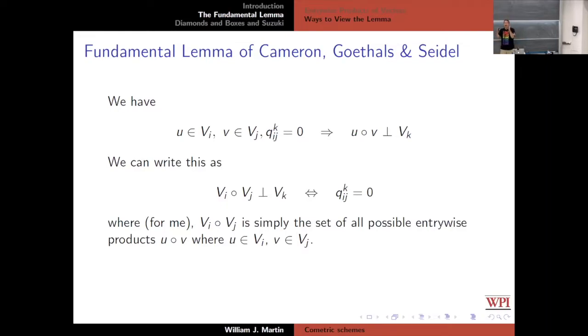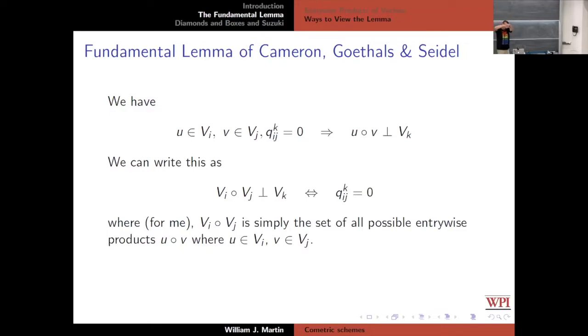We know that the columns of E_i and columns of E_j sometimes end up non-orthogonal to the kth eigenspace because the Q parameter is non-zero. So it turns out that this collection of entry-wise products is orthogonal to V_k if and only if q_ijk is 0.